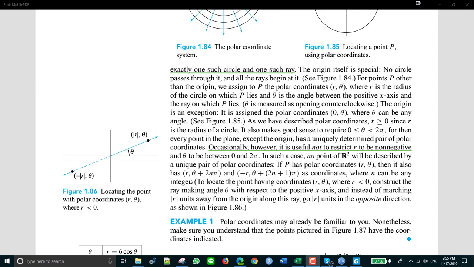So you could have many other sets of coordinates, because n can be any integer, or you could also use negative r. So you could talk about this point having coordinates r, and then theta is all the way over here, or you could say negative r, and theta is just this amount of theta, or this amount of theta.